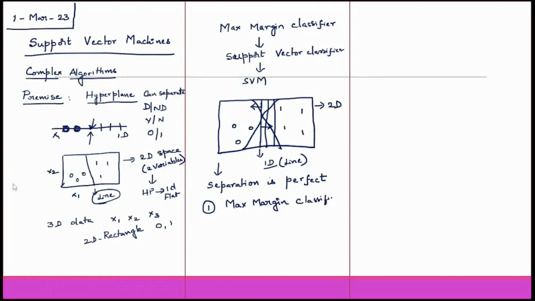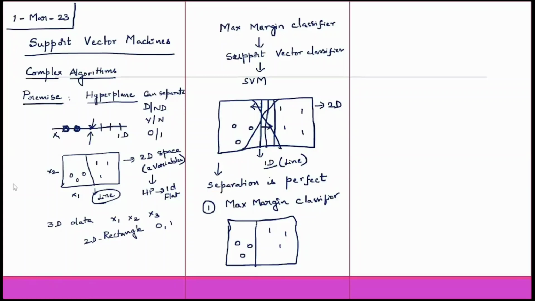Whichever way you draw, if I draw something like this, you see here, look at the margin on either side.